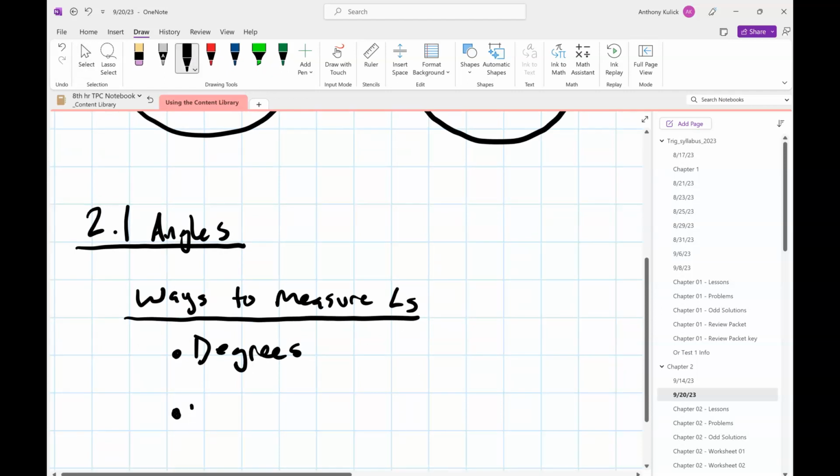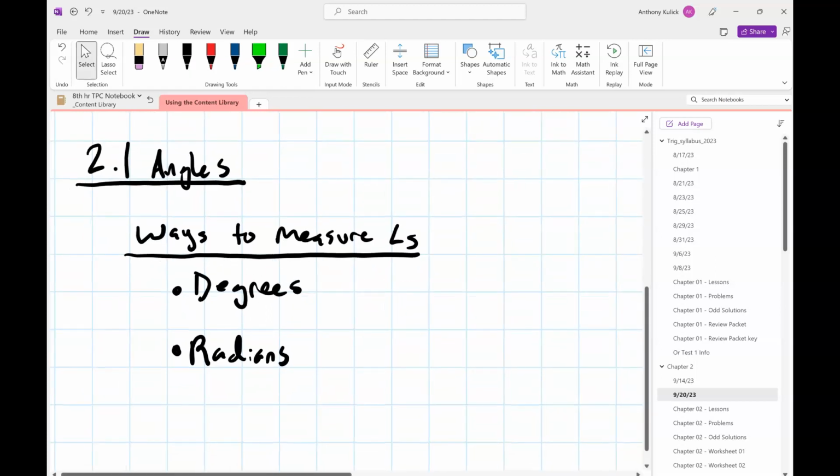And then potentially a new one today, the radian. Now, there's other ways to measure angles too, like gradients or whatever. This is high school math class. We're not talking about any of those things. Radians will be the only other measurement we talk about other than degrees.